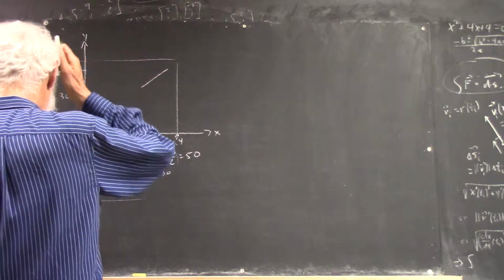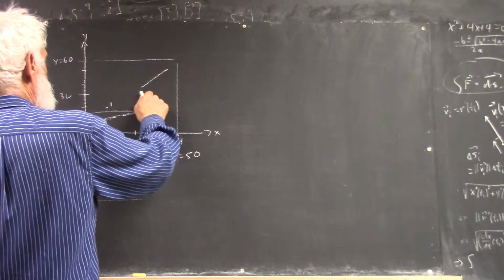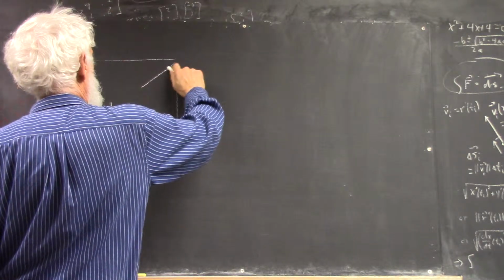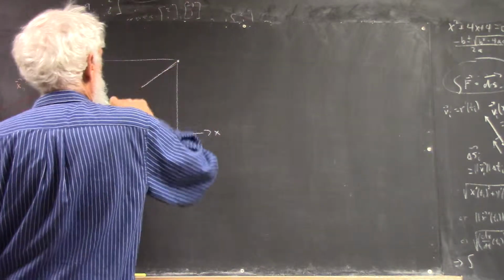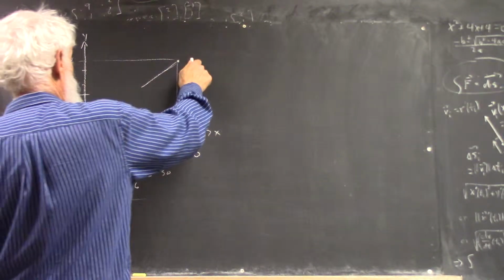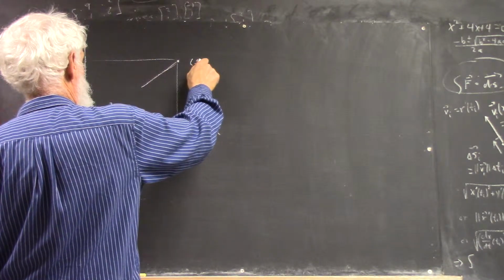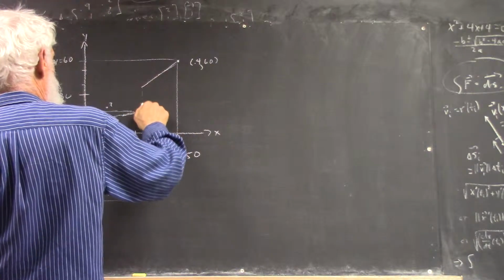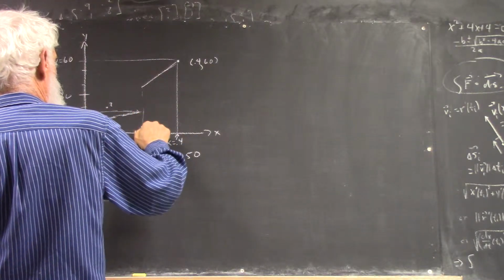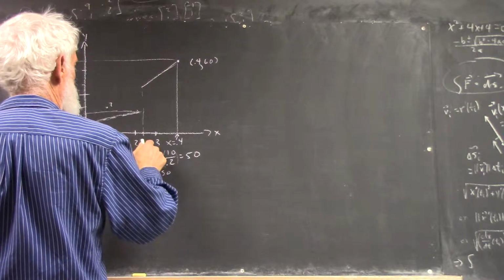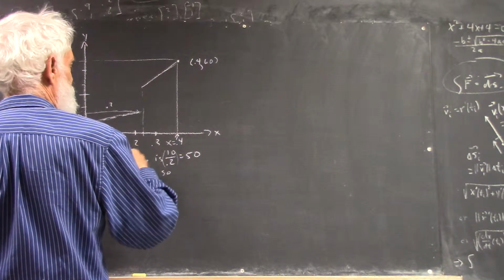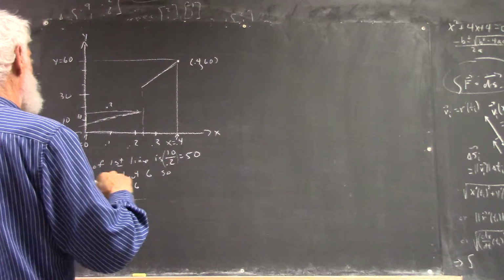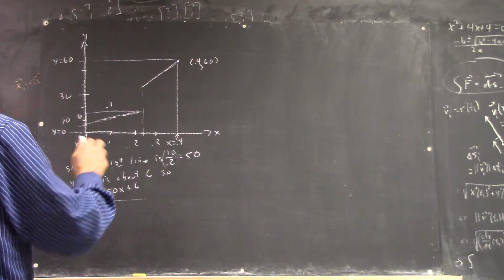Now for this one, I'll extend this out to 0.4, and the way I've drawn it, it looks like my point here is 0.4, 60. Looks like this point, say this line goes up to here, is about 0.2, 37.8, okay?